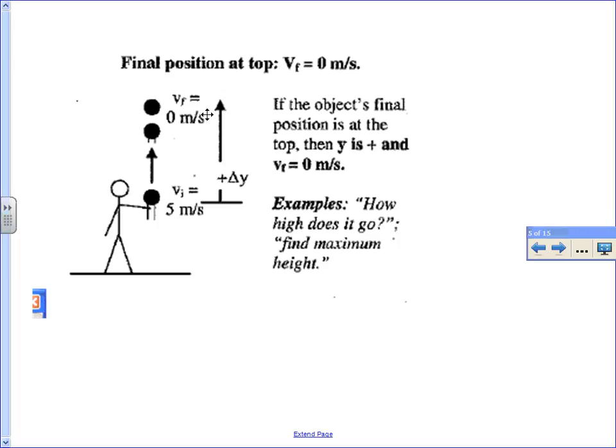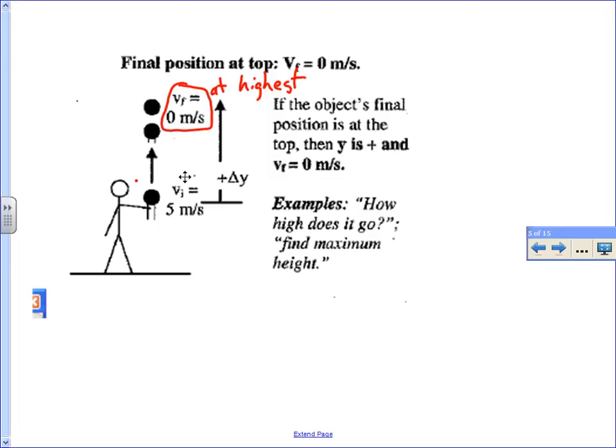To find how high you can throw something up, when the object goes up, it's going to go up till it's not going up anymore. It's going to instantaneously stop and start falling back down. So for the briefest of moments, you're going to have a velocity of 0 at its highest point. Only at its highest point do we have that brief momentary 0 meters per second.